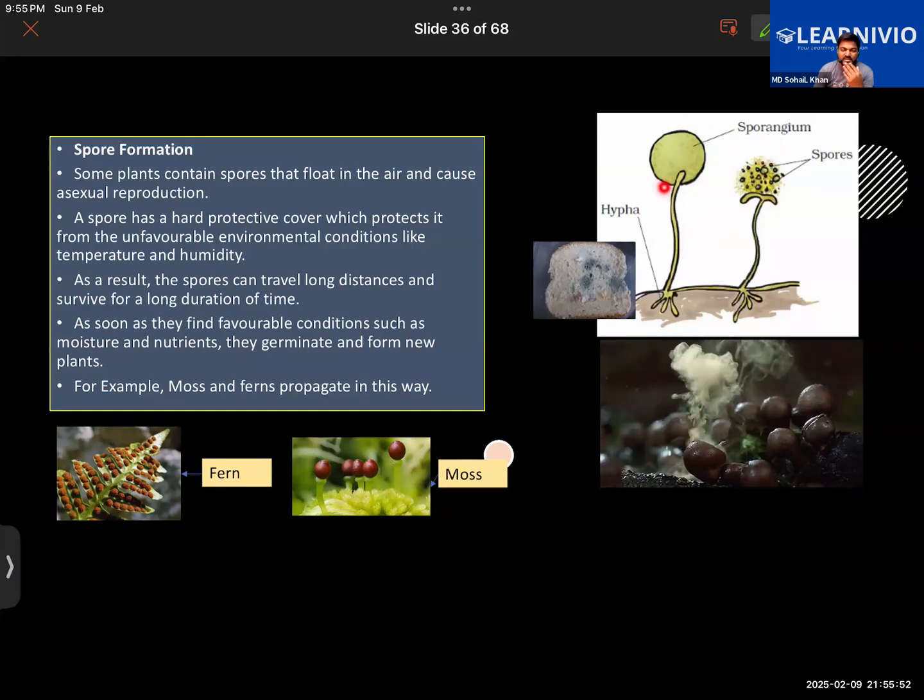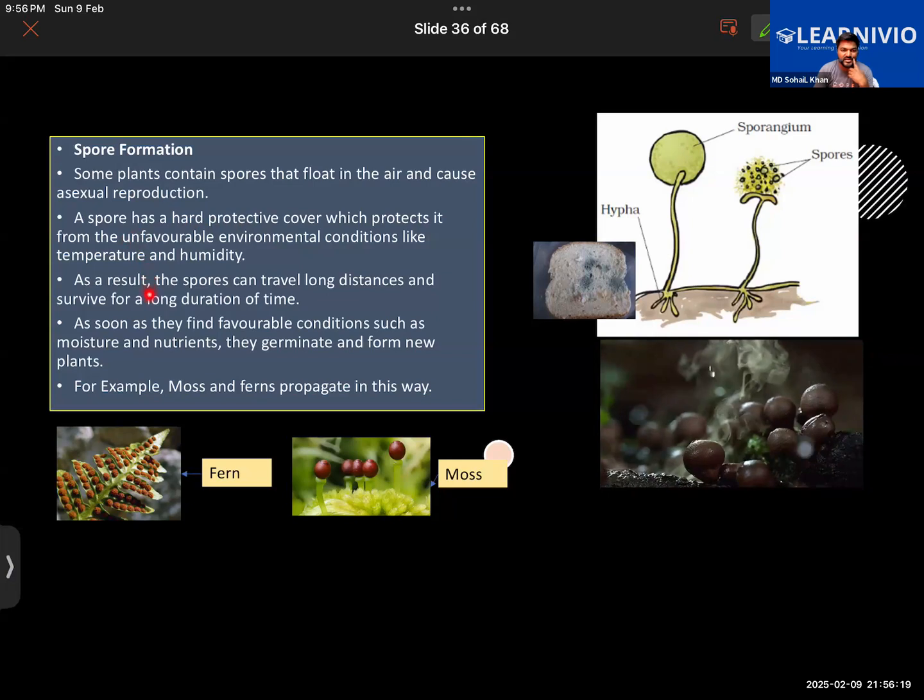Once the fungi is fully mature, in its adult stage, it bursts open, as you can see in the animation. Due to the bursting open, thousands and thousands of spores are released into the air, and wherever a spore lands, as if it lands on this bread, it will get moisture and food, and will start to grow.